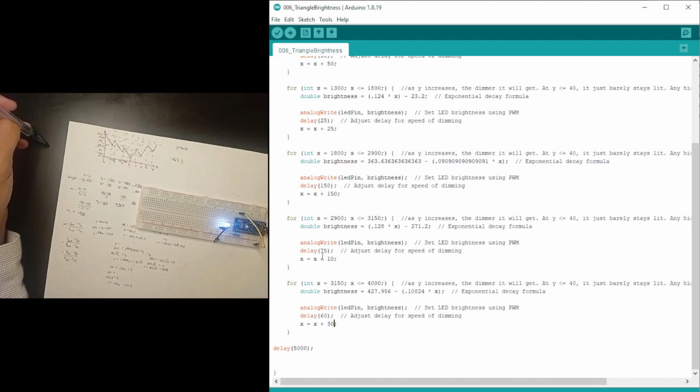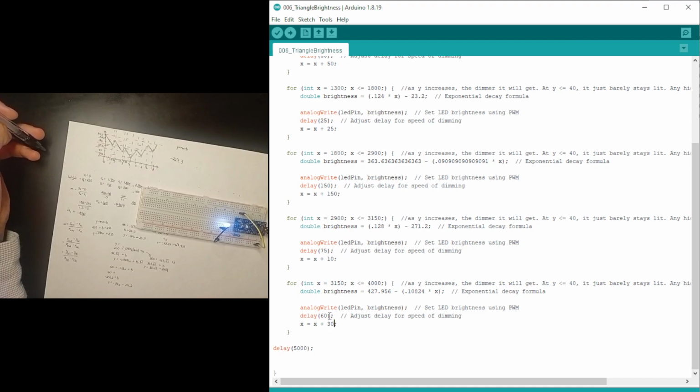It's a much smoother transition. What happens if I would have done it in 1? If x plus 1, then we would have to make that 850 points.